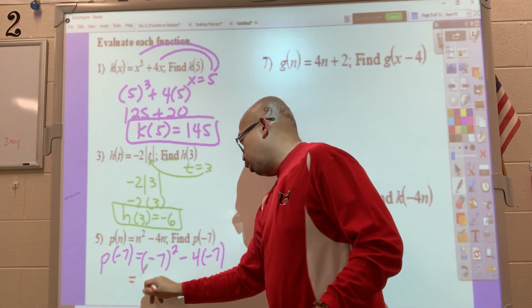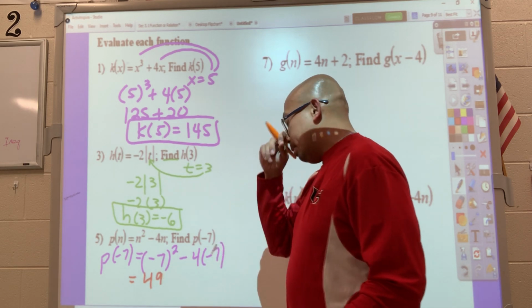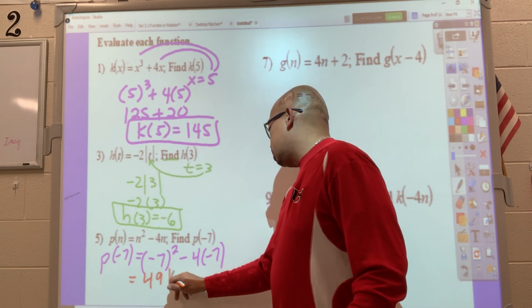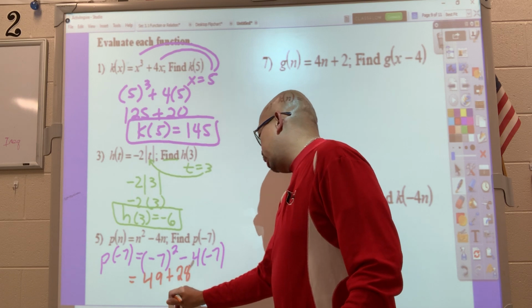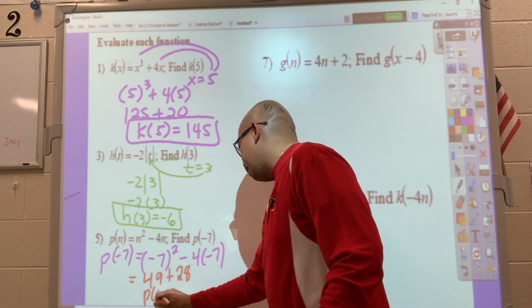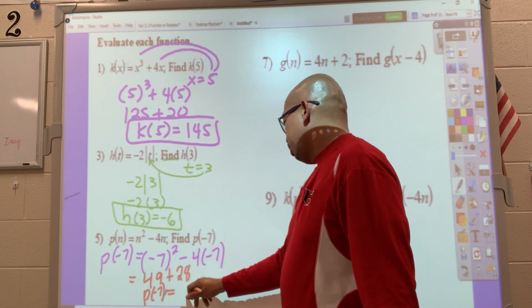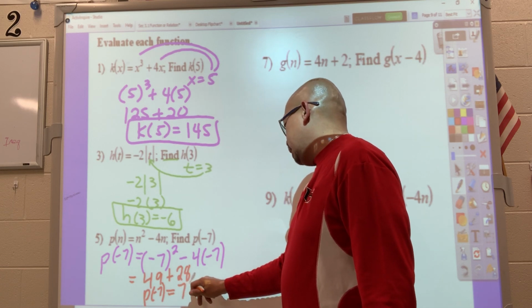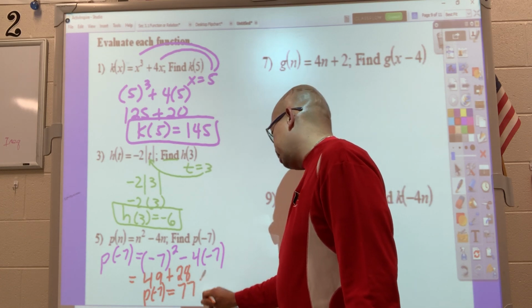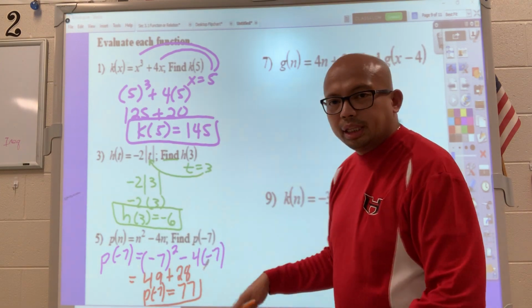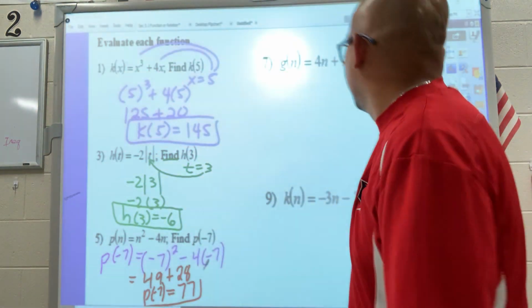So this will be 49. Negative 7 times negative 4 is positive 28. That will give you p of negative 7 is 77. Please double check if I'm right. I think I'm right there, right? Can you see it? There you go.